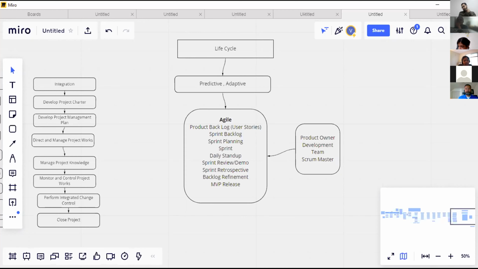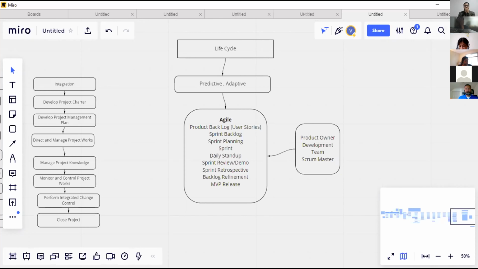We have a life cycle for executing a project. We have to define what life cycle we are going for, like predictive or adaptive. In adaptive we have the Agile methodology. Under Agile we have XP, Kanban, different types. In Agile, Scrum is there.